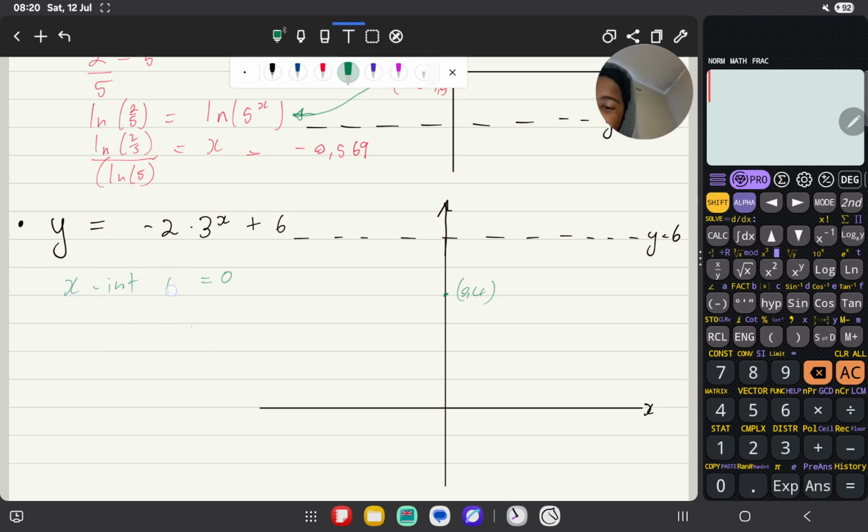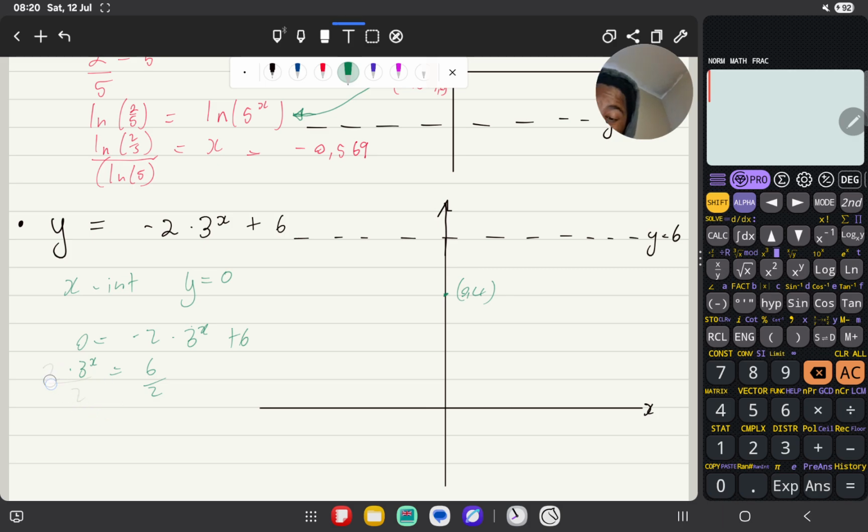Now let's look for the x-intercept, which is where y equals 0, right? So you have 0 equals minus 2 times 3 to the power of x, plus 6. You have 2 times 3 to the power of x equals 6. Divide by 2, divide by 2.